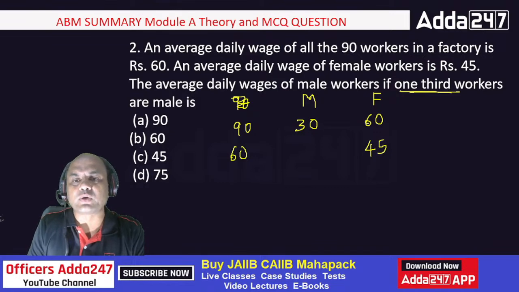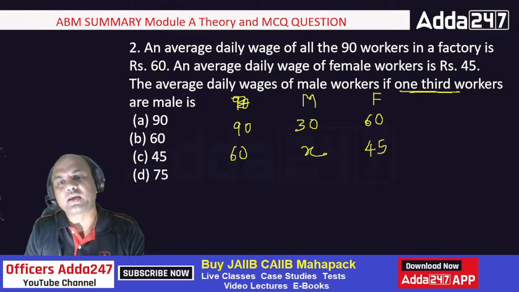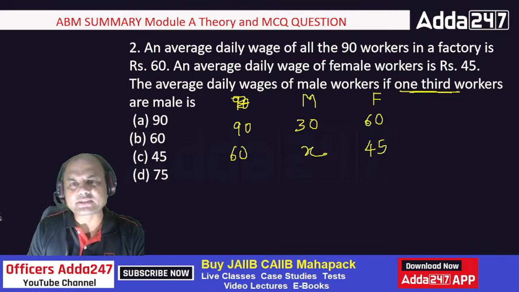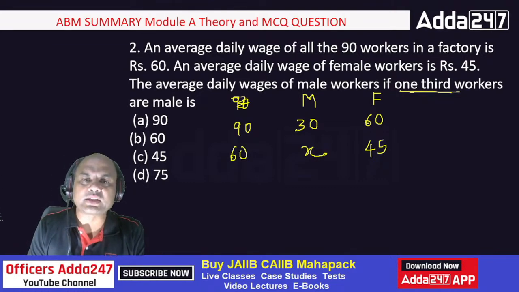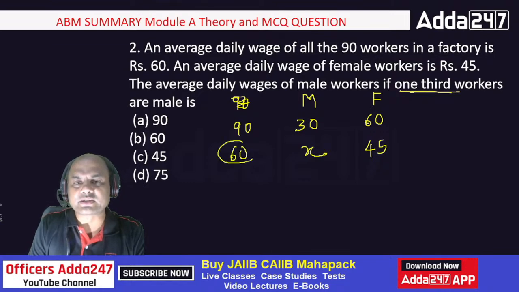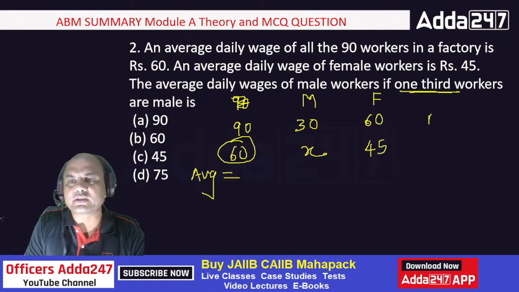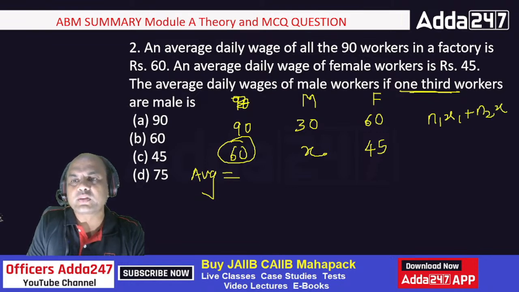So this I don't know. I'll put this as X. And this is what I have to find out. So how to find this out? It's very simple, isn't it? What is the average wage? It is given as 60 over here. So the average formula, when I am having two elements, is N1 X1 plus N2 X2, the whole upon N1 plus N2.